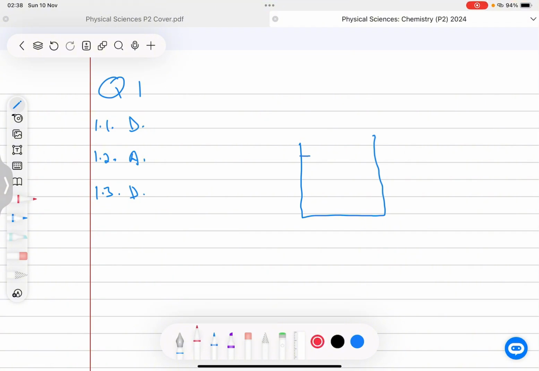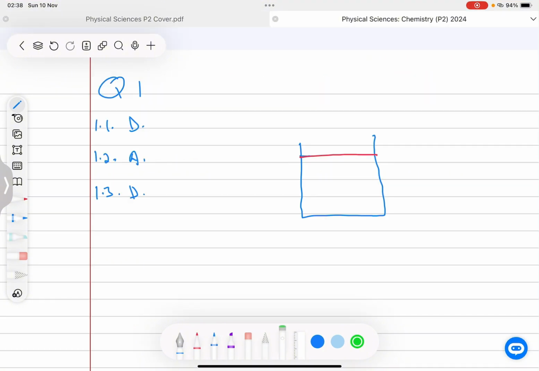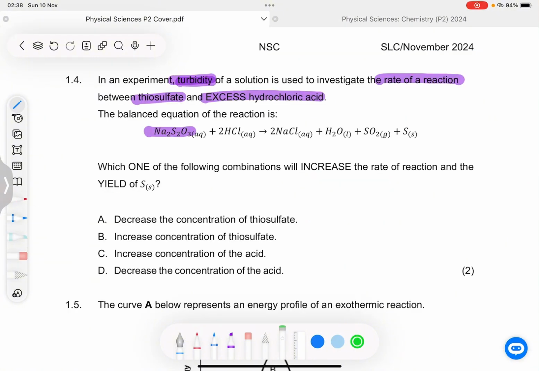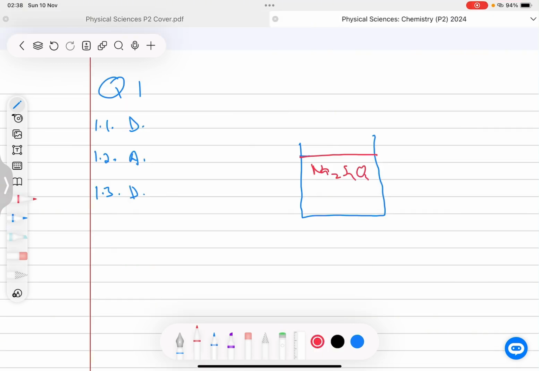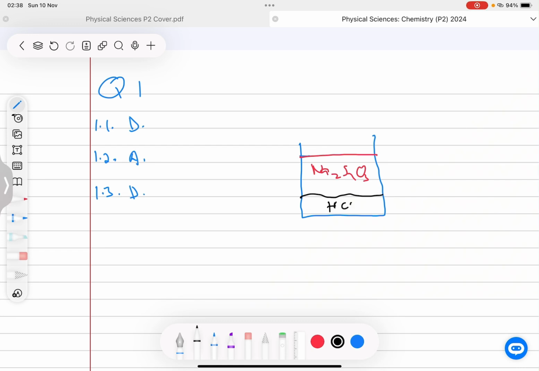From the bottom to here, let's say is our thiosulfate, which is given by Na2S2O3. And from the bottom to somewhere here, we have our hydrochloric acid.